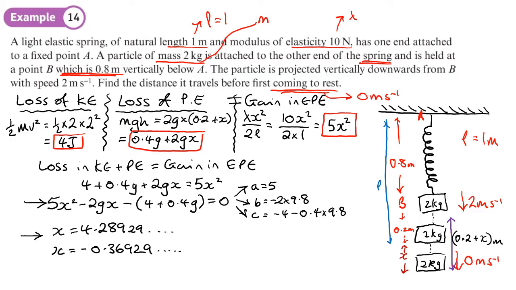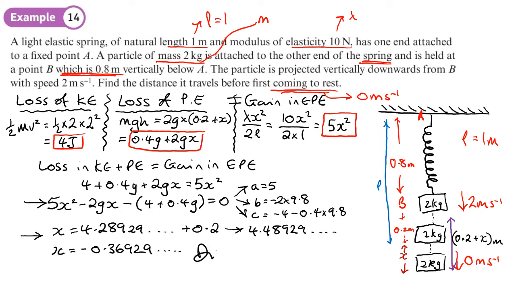Now remember, we need to add 0.2 to our answer of x, because x is just the extension. And if we add 0.2 to our answer, that's going to give us 4.48929, like that.